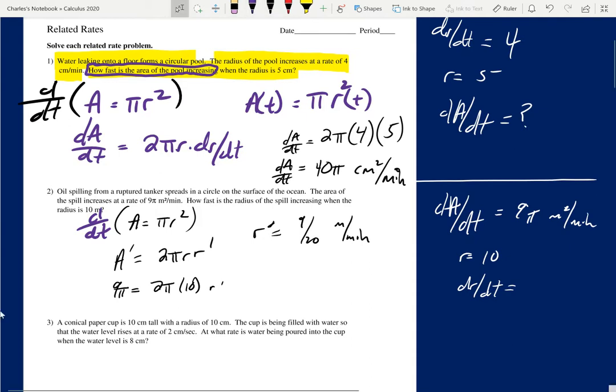So hopefully that gives you a decent idea of how you look at a related rates problem. These are all problems that are going to be applied to things that are physically happening, so keep in mind what these symbols mean. dA/dt is the rate of change of area with respect to t. dr/dt is the rate of change of radius with respect to t. In both of our examples, something was leaking, which meant both dA/dt and dr/dt were increasing. But a lot of times things will be decreasing.